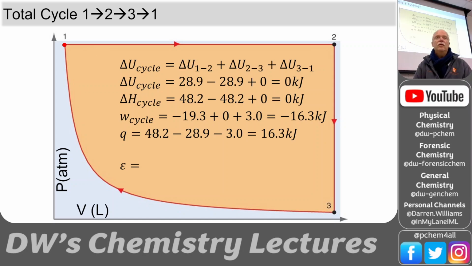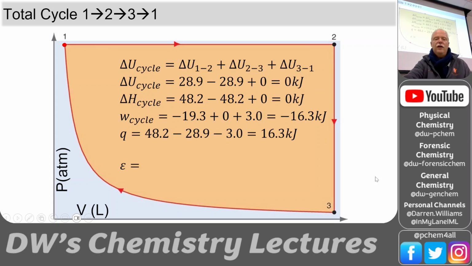Why is what not zero? I was saying if you're at state point one, you go around the whole cycle, and you're back at state point one, your energy should be the same. You've given off energy and taken in energy and you're back to where you were, just like going up and down and back to the same floor.